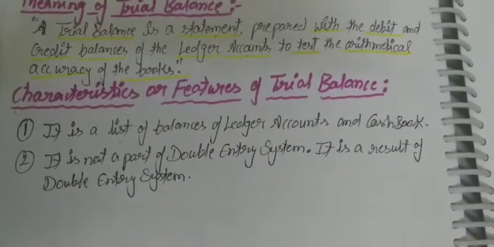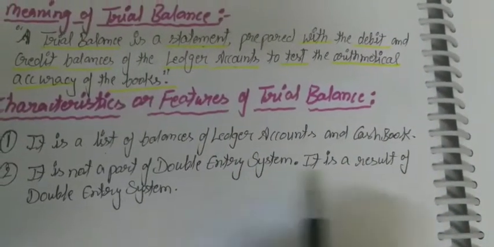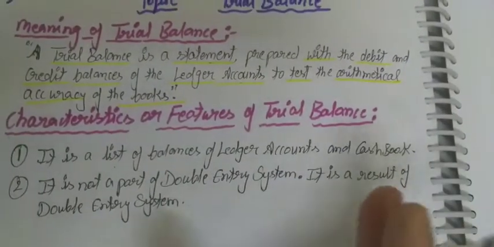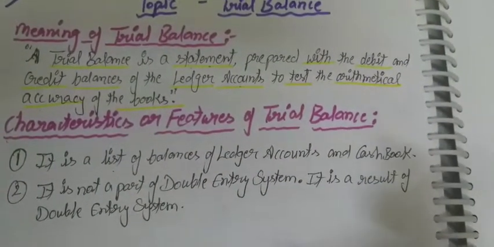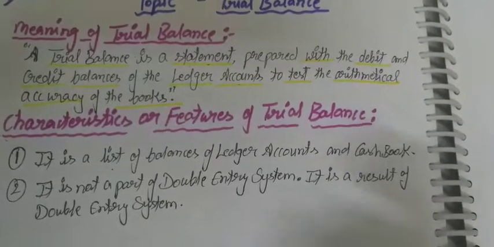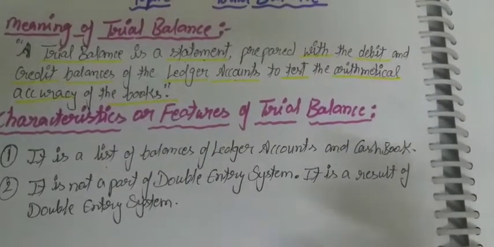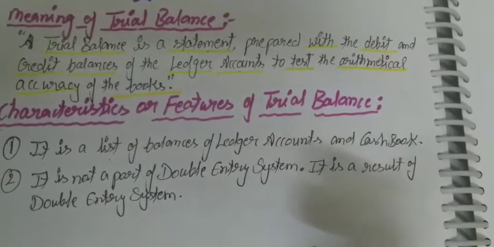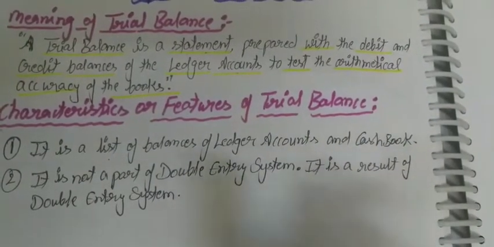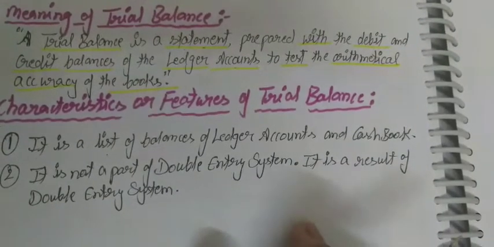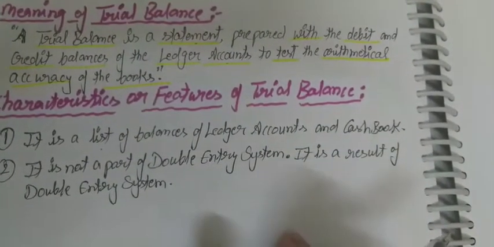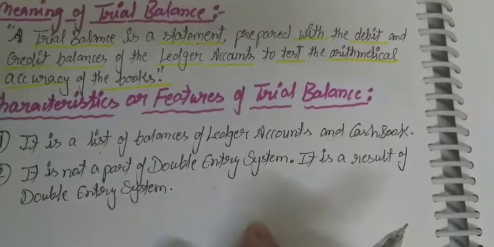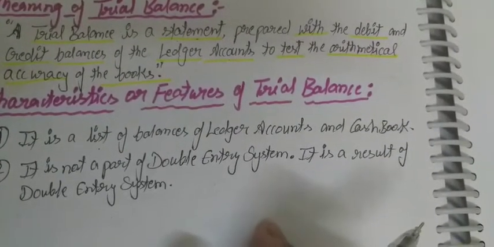Why is it a result of the double entry system? Because from the ledgers we prepared, the balances of these accounts are recorded in a particular statement, and from that statement we can confirm the arithmetical accuracy of the accounts we prepare in the books of business.